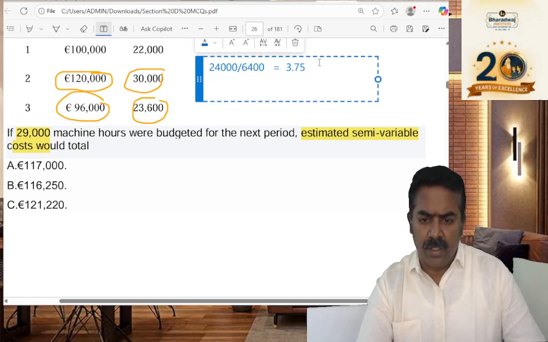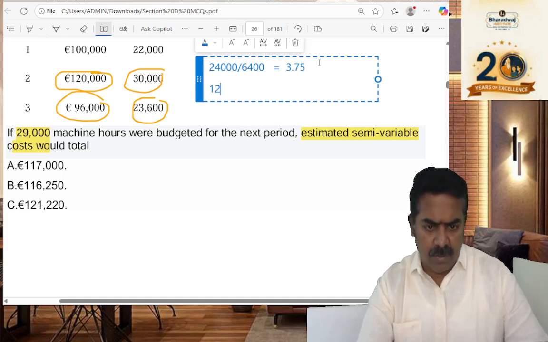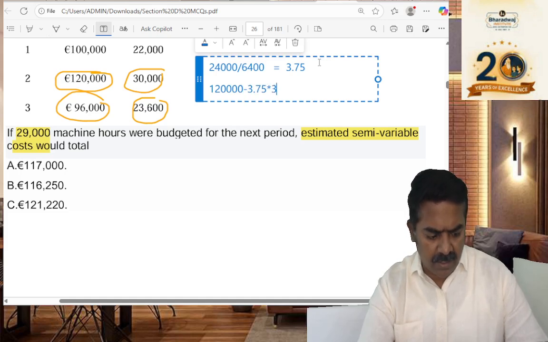Then from total eliminate variable cost. From 1,20,000 eliminate 3.75 into 30,000. You will get fixed cost portion.